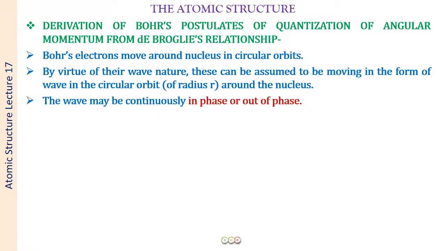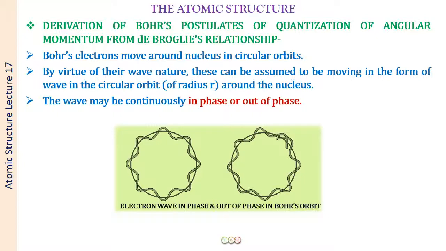Fine. And this wave can be continuously in phase or out of phase. So what do I mean by that? Let me explain. This is Bohr's orbit in which the electrons are moving around the nucleus, and because the electrons have a wave nature, we say they move like a wave. So this is the way they are moving along the circumference.